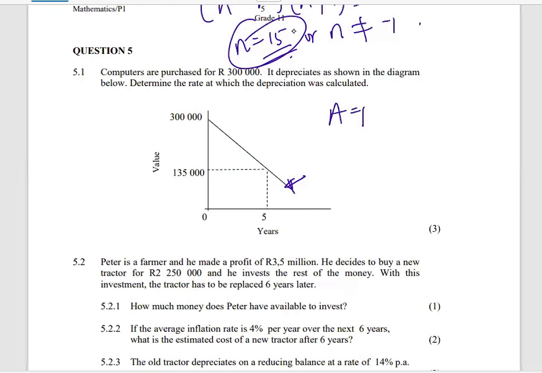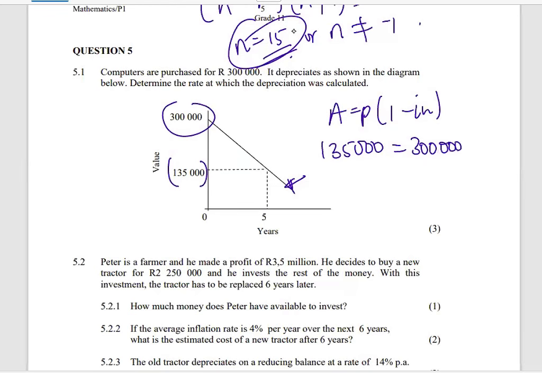So A should be P into 1 minus IN. So the final value is 135,000. Initially, it was 300,000 into 1 minus IN, which is going to be 5I. So when you divide both sides by 300,000, okay, what is that going to give us?